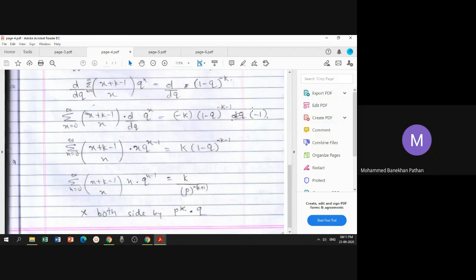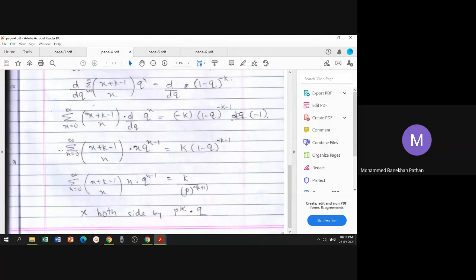That's it, minus comes here. This is also taken here, but it is 1, so we have not written anything here. So this is my differentiation of this quantity. Minus k multiplied by minus 1 becomes plus k, 1 minus q raised to minus k minus 1.